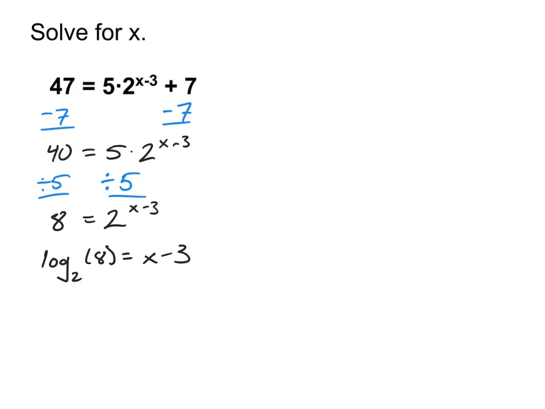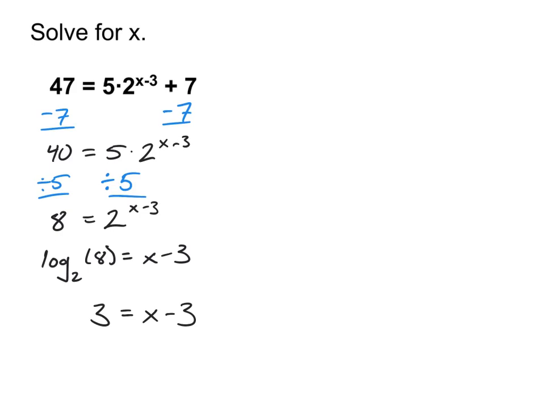Because log base 2 of 8 means 2 to the power of what equals 8. And I know 2 to the power of 3 equals 8. And so, yes, I could do it the long way on my calculator, or if I happen to know it already, I can use that information.